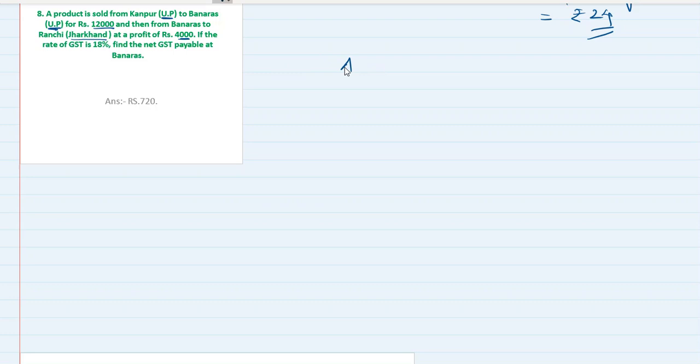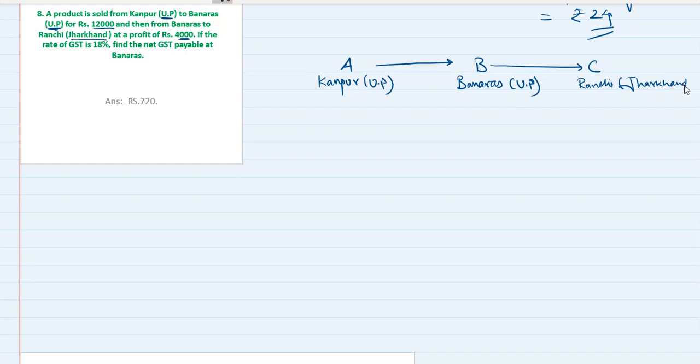The first trader, A, is in Kanpur, which is in UP, and sells it to the second person B, who is in Banaras, which is also in UP, who sells it to the third person, C, who is in Ranchi, which is in Jharkhand. Okay, so this is the whole scenario.